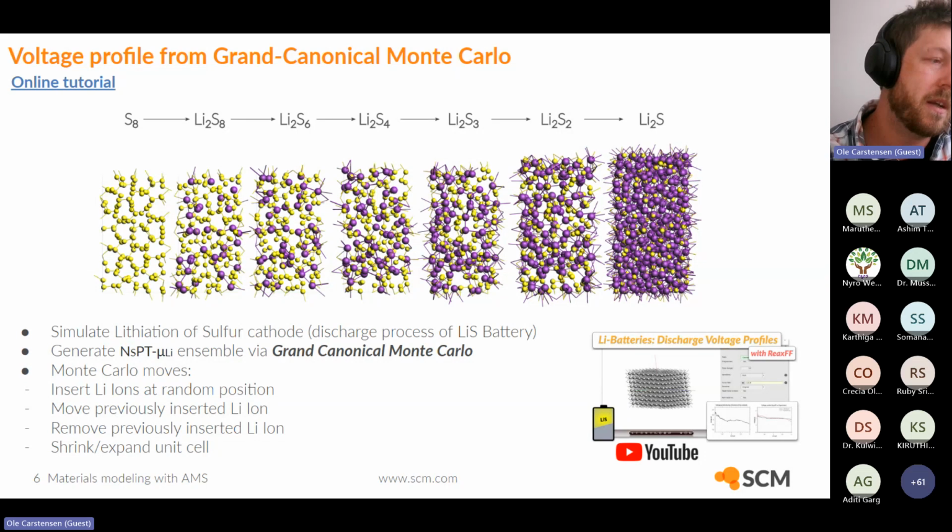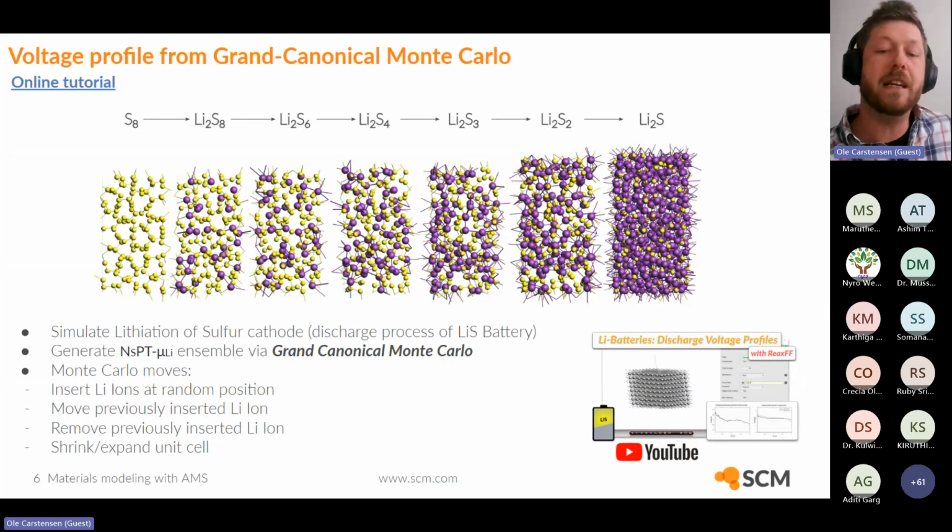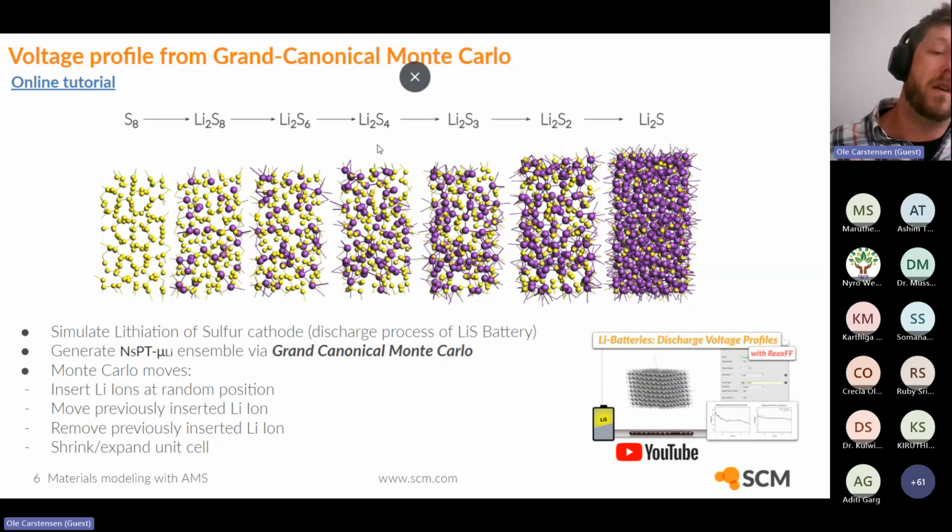So this is basically a simulation of the discharge process that takes place in a lithium-sulfur battery setup. On the left here, we have a sulfur cathode, which is nothing else than just a sulfur crystal structure that you can take from a crystallography database. You can load it into AMS.